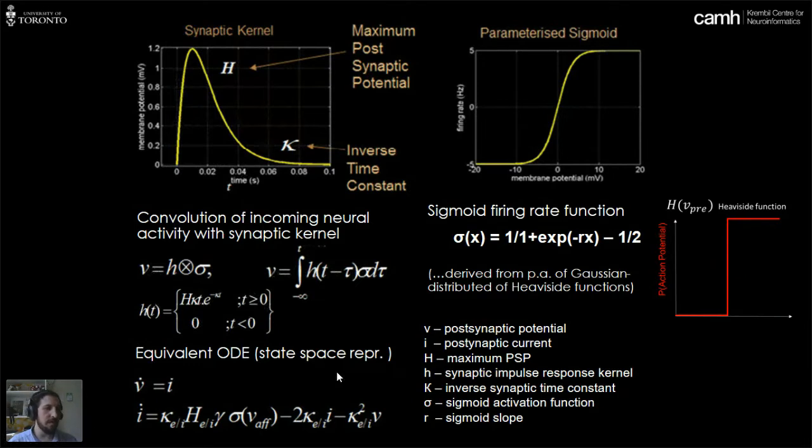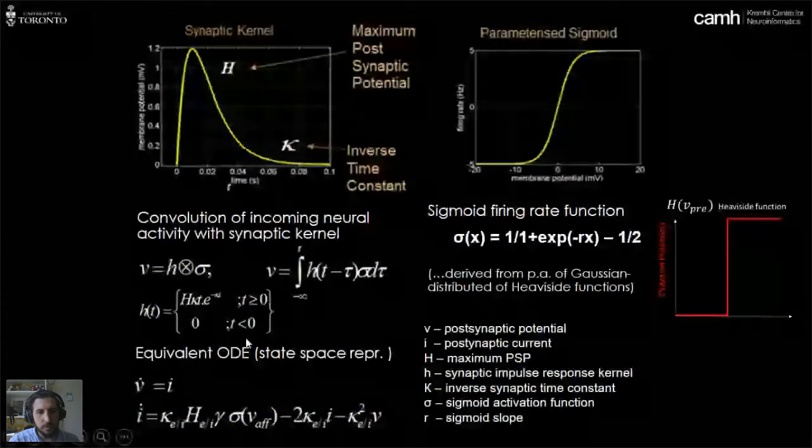So we have the integral representation here, but when we're simulating this system, it's more convenient to use differential equations. There's a corresponding differential equation representation of this integral in terms of a second order system, which we can rewrite as a pair of coupled first order differential equations, as I'm showing here. Essentially the interpretation is that I is the membrane voltage, and V is the derivative of the membrane voltage, which we could think of as a current.